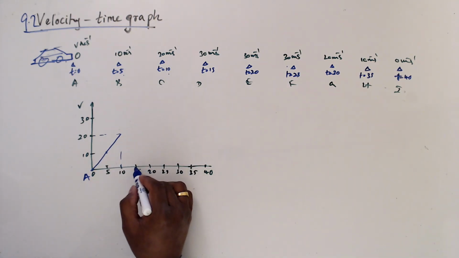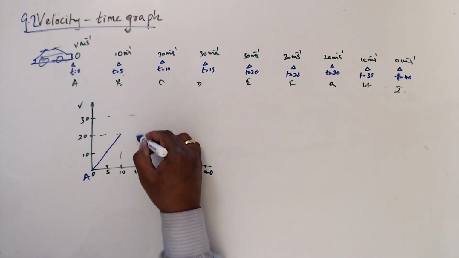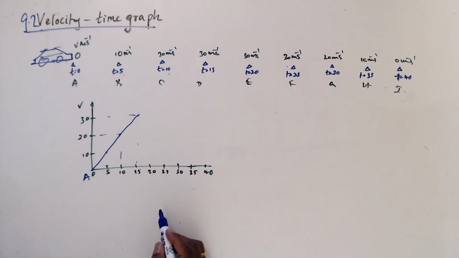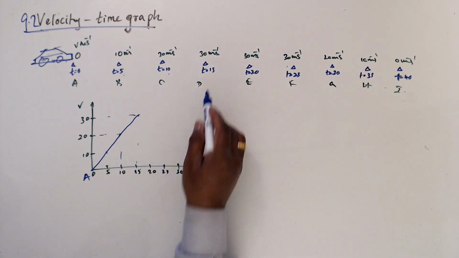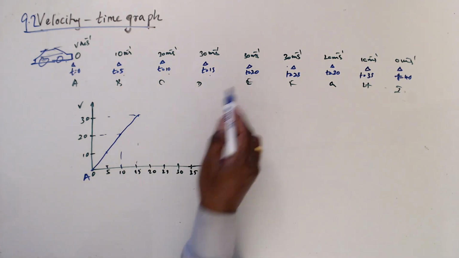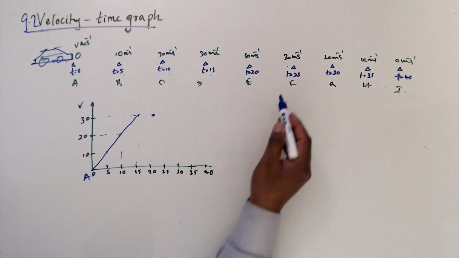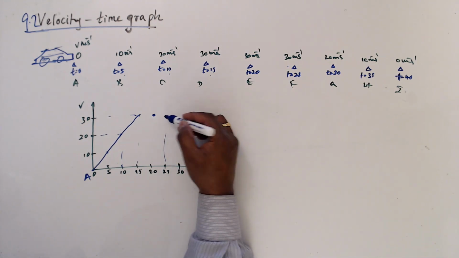And when it is 15, it is 30. So up to here, it's like this. And then from 15 to 20, it is still 30, and 25 also still 30. So still 30 here.